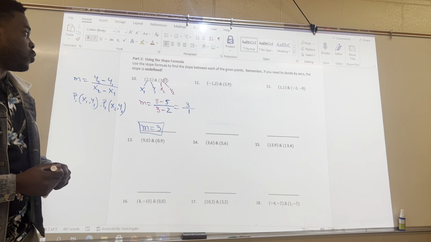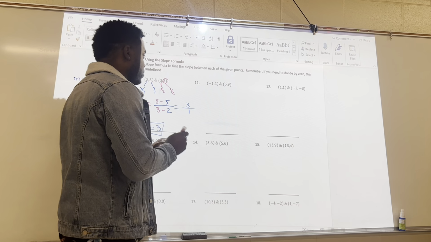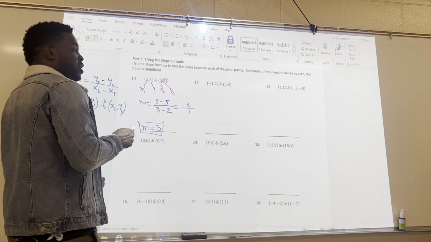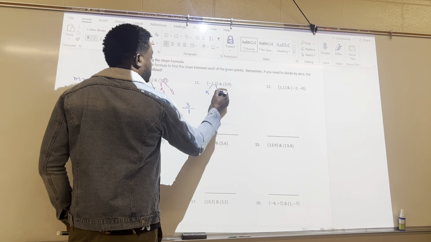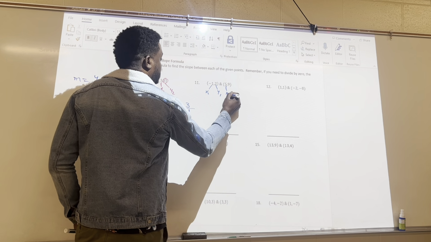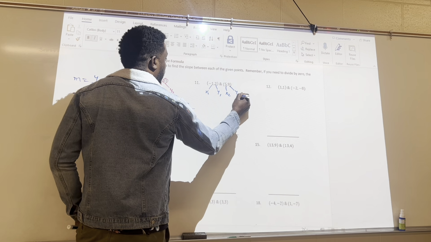Now let's solve the second one. We can do exactly the same work. We look at our x1 and y1. This is my x1, this is my y1, this is my x2, and this is my y2.